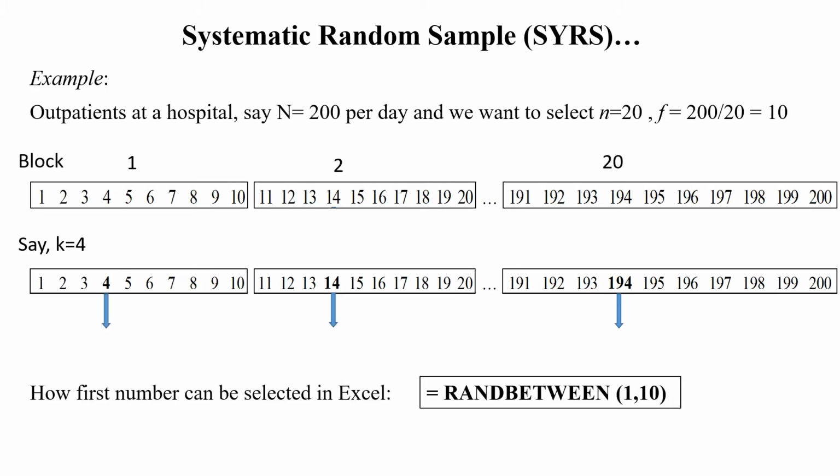Right? Let's see an example. Outpatients in a hospital. Let's say we know daily we'll have 200 outpatients. Very most likely a small hospital, okay? And we want to select, let's say, 20.